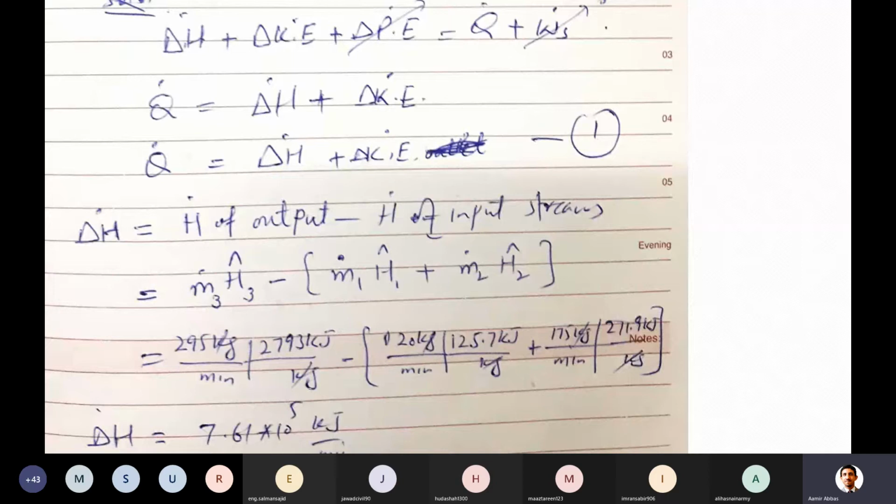It is the kinetic energy of output streams minus kinetic energy of input streams, a general statement, like I wrote for del H. For kinetic energy, the formula is 1/2 mv square, and the same for the other streams.